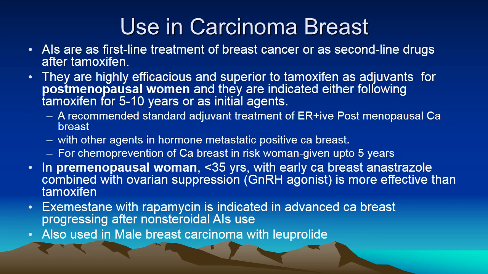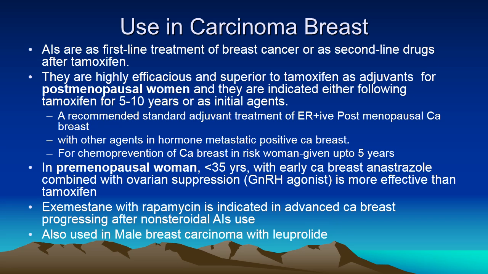So far as use in carcinoma of breast is concerned, aromatase inhibitors have become almost first-line treatment for carcinoma breast or second-line treatment after tamoxifen. They are highly effective and superior to tamoxifen as adjuvants for post-menopausal women, and they are indicated either following tamoxifen for 2 to 5 years, extended up to 10 years, or as initial agents also.